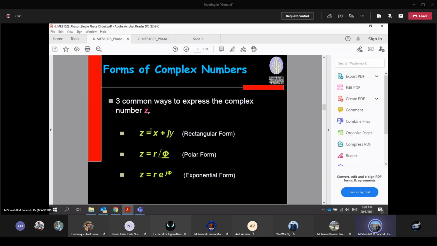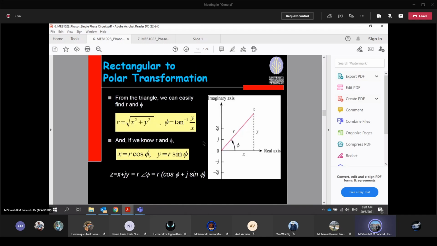Both components are positive, so positive x, positive y. The imaginary values should be on the y-axis. Then you can find the radius, the hypotenuse. It's a triangle, and then you can find the angle from the real axis.